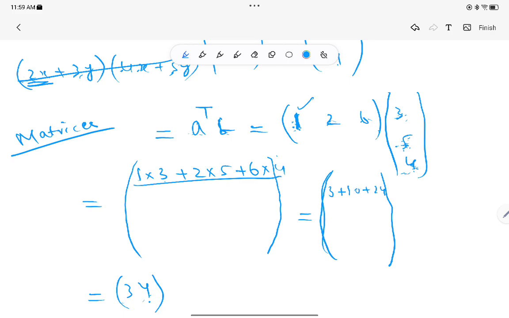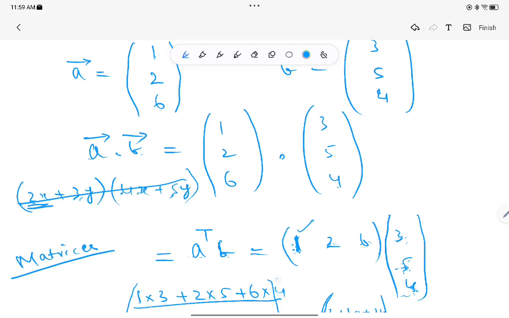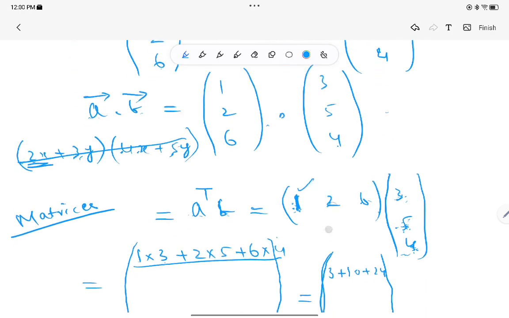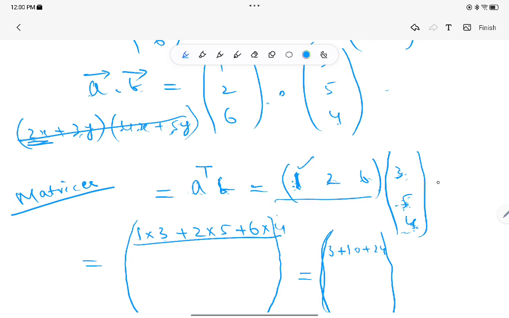Now, there's another genuine question. You could have told me, sir, if you are bent upon this, keep this column vector and make this a row vector. Why not this? Again, that will violate matrix multiplication. And there is one more thing: if you multiply like this, row by column, this is called inner product or dot product.